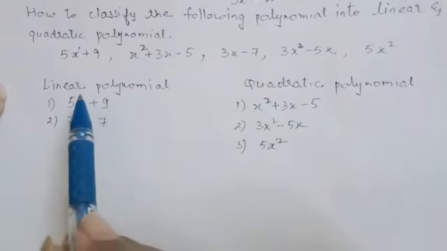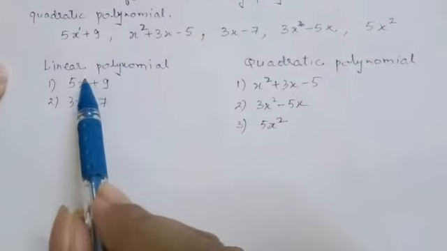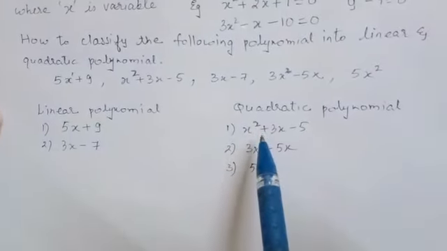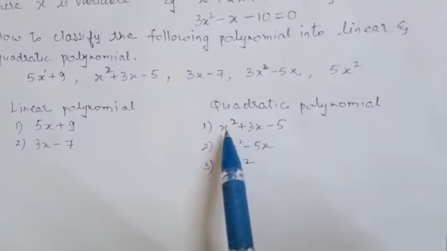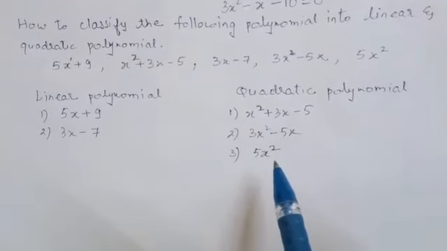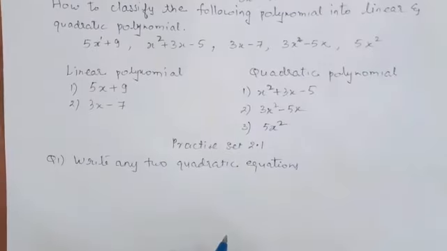So I have written the answers. The linear polynomials which have degree x raised to 1, I have written under linear polynomial, and these are the polynomials which have the highest power 2. So these are the quadratic polynomials. I hope we have understood. So let's move further to solve exercise 2.1.